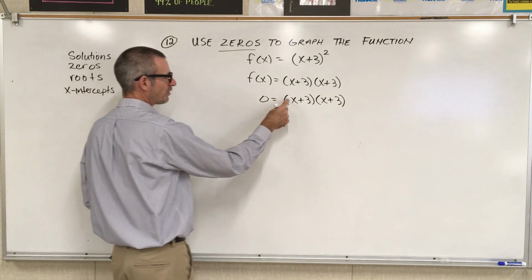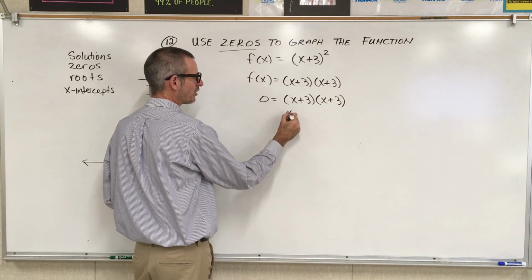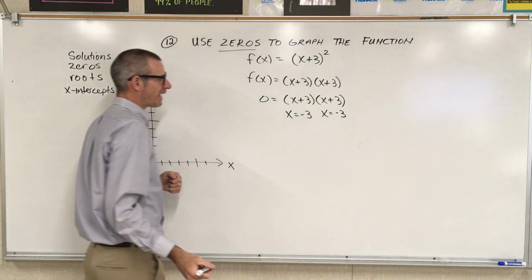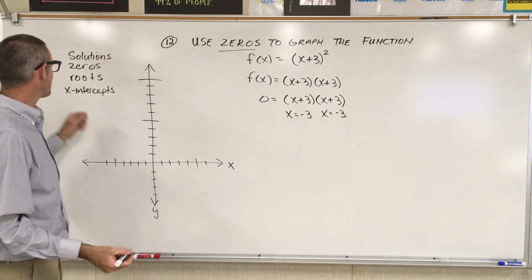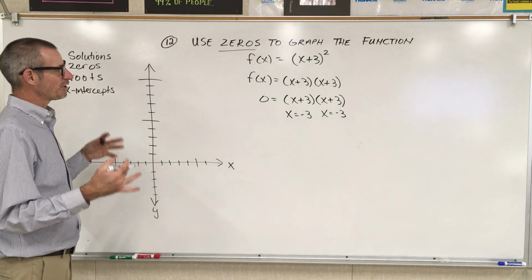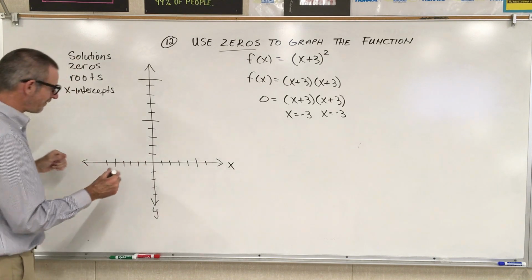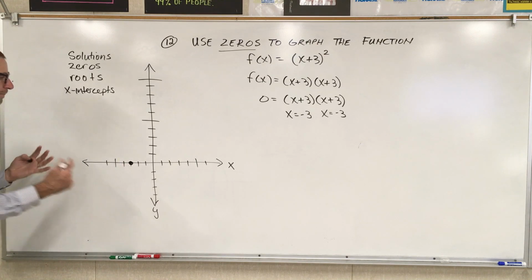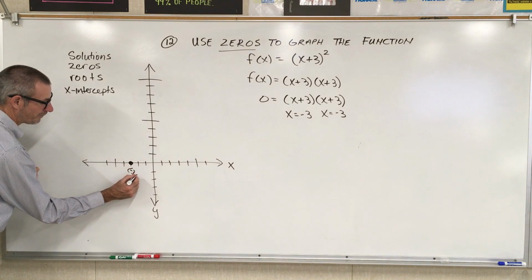And I know because there's no coefficients in front of these that I can just use the opposites. So it looks like my x-intercepts are the same. This is called a double root. So my x-intercept is going to be -3 on the graph. But that's the only point that I know.